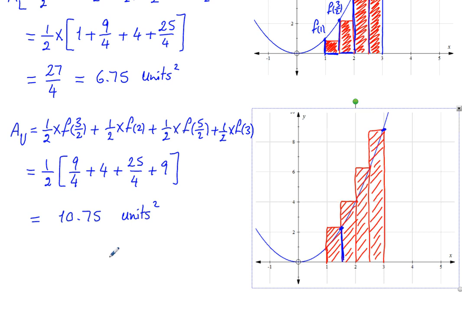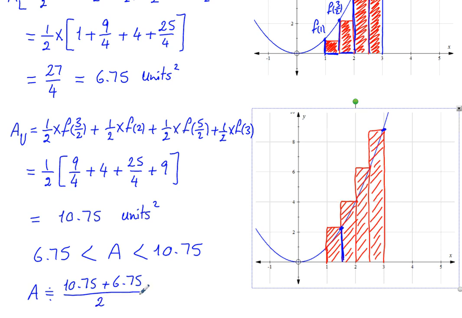So now, according to the second estimate, using 4 rectangles, the actual area should be somewhere between 6.75 and 10.75. Now if you find the average here, the area should be approximately the average of 6.75 and 10.75, and that is 8.75 units squared.